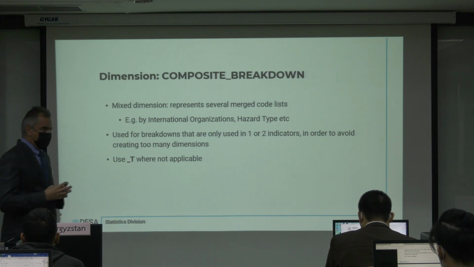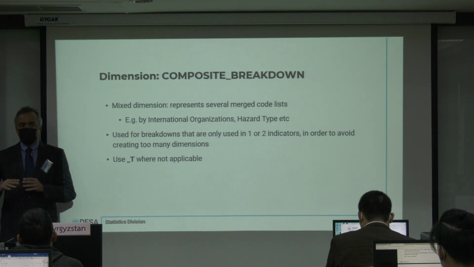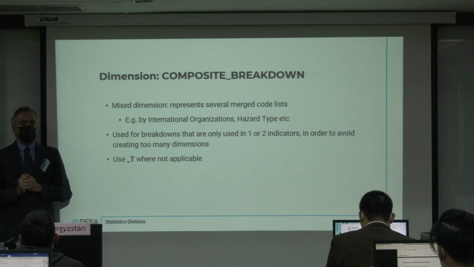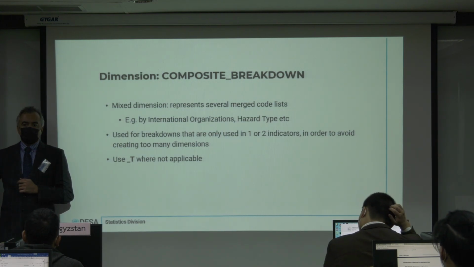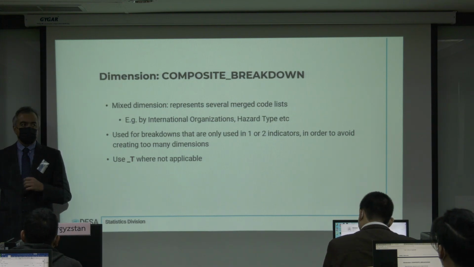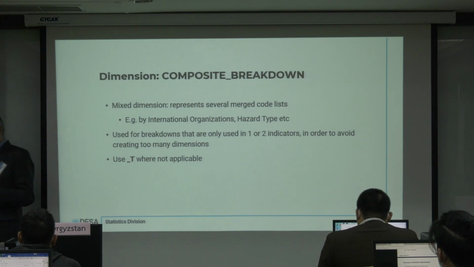So if you have a code list for sex, you want it to have male, female, and total. You don't want it to have male, female, primary school, secondary school, high school, teacher, statistician, IT professional. You don't want to mix different concepts in the same code list.